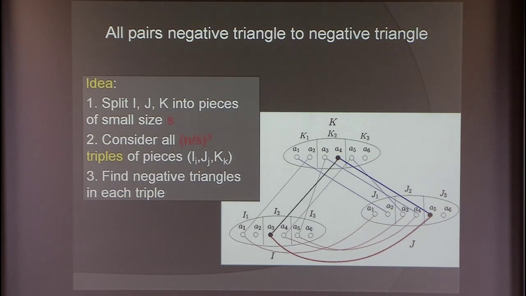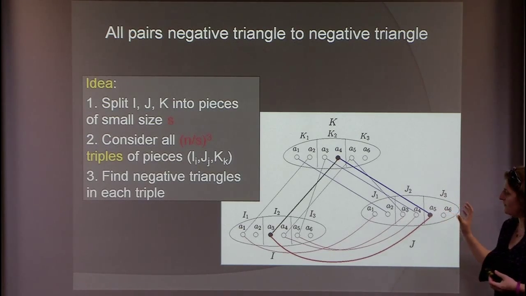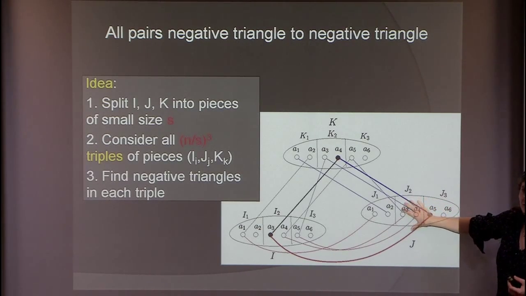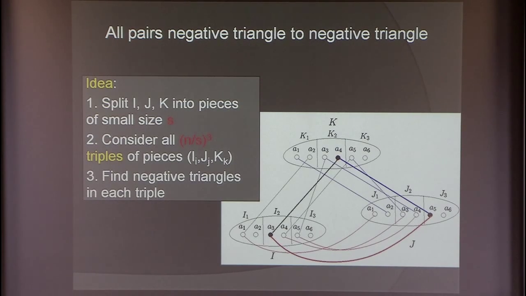Okay, we're not avoiding anything yet because we still have to do all triples, and it might take us too long. But the point is that if you did that, then your call to negative triangle is only on pieces of size s instead of n. So it seems like we can do something with this.